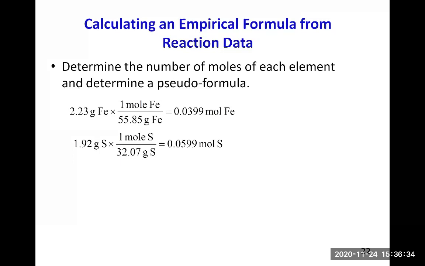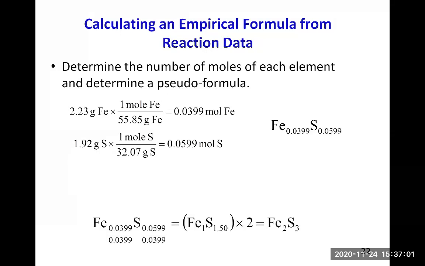We can then write the pseudo formula, and it will have those numbers of moles as subscripts for each element. So it's going to be Fe 0.0399 and then S 0.0599. Next you divide each subscript by the smallest of the subscripts, and here the smallest is 0.0399.